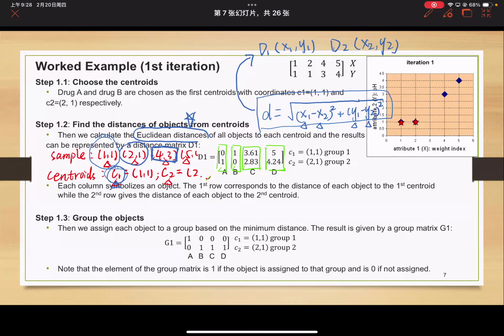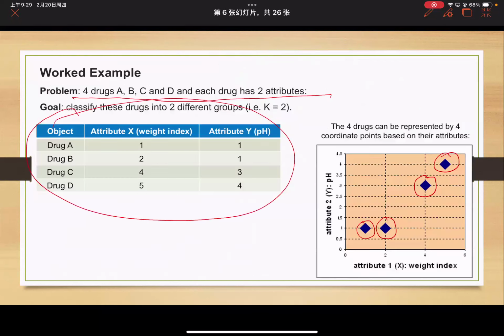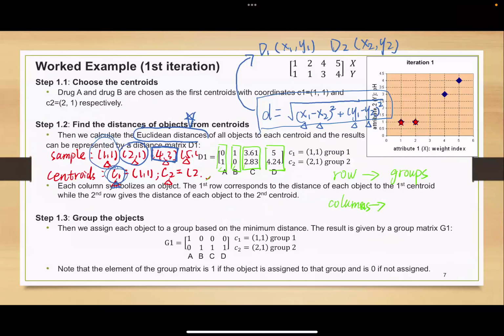And then the rows represent the groups, and the columns represent the data points or their distances.